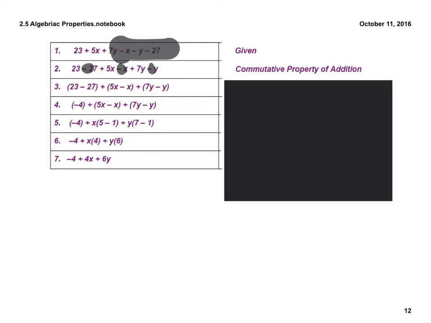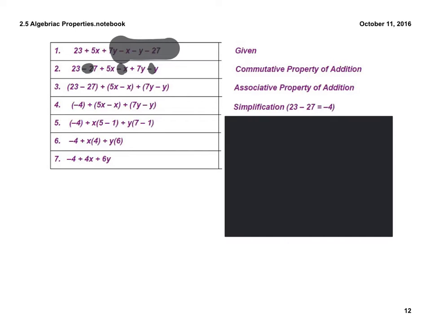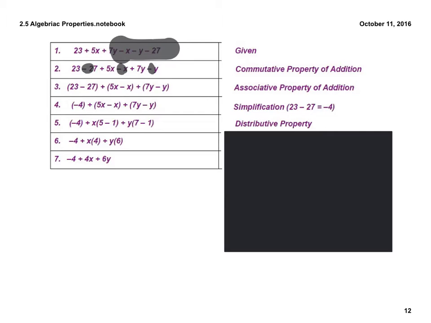The next step is the associative property of addition. Now I'm grouping these as to how they will combine together. And then we do some simplification. We did 23 minus 27, or you could call that subtraction. And then we're using the distributive property, but we're using the distributive property in reverse.